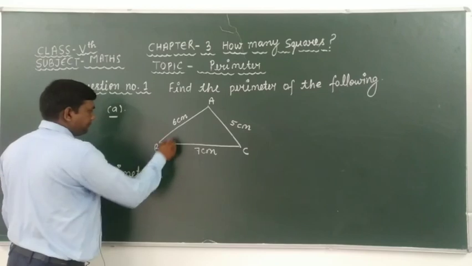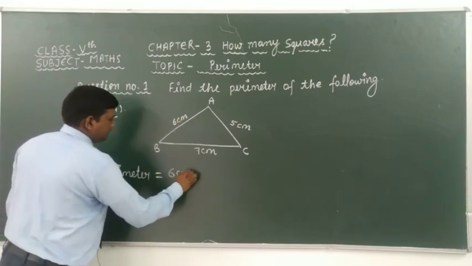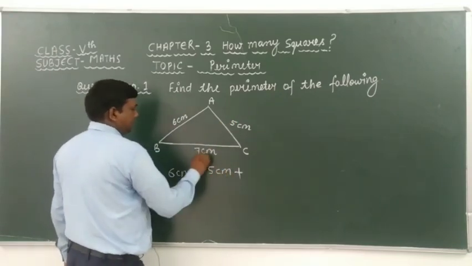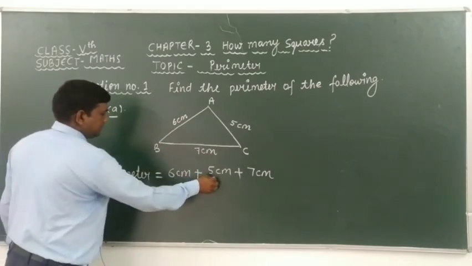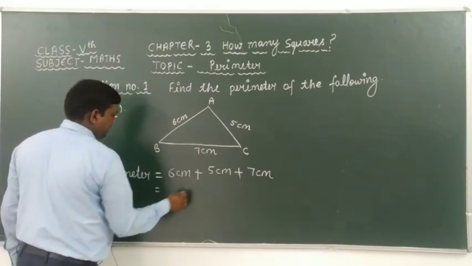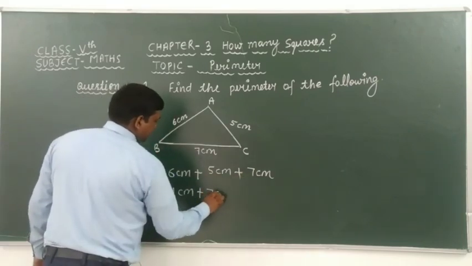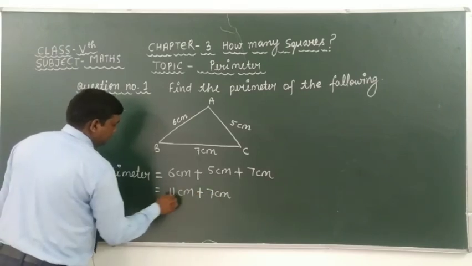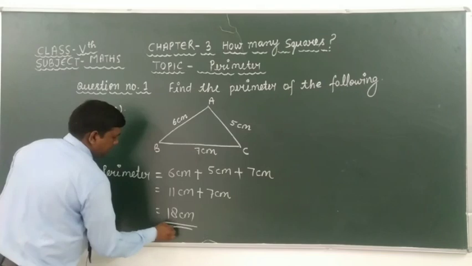Here we can write perimeter is equal to 6 centimeter plus 5 centimeter plus 7 centimeter. After adding this, we get 6 plus 5 is 11 centimeter, plus 7 centimeter. Again we have to add 11 plus 7 is 18 centimeter.